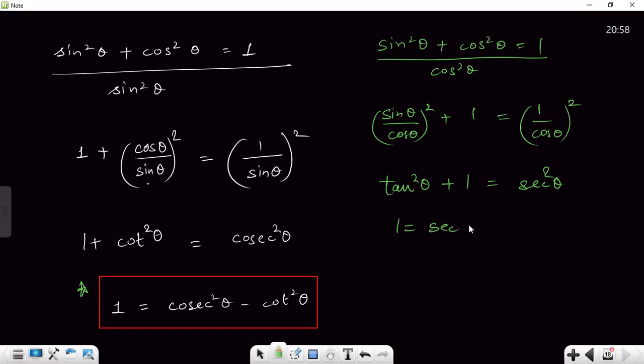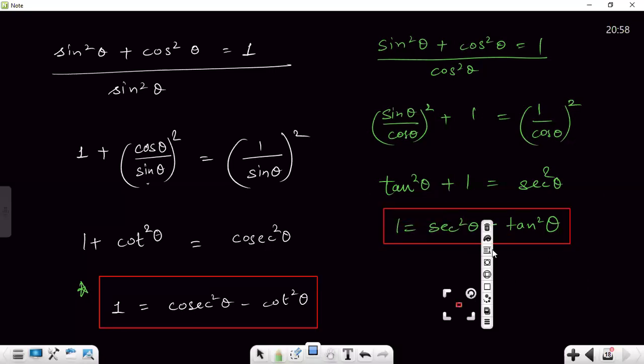Rearranging, it becomes sec square theta minus tan square theta equals 1, which is our identity. Clear? Any doubts? No doubts, sir.